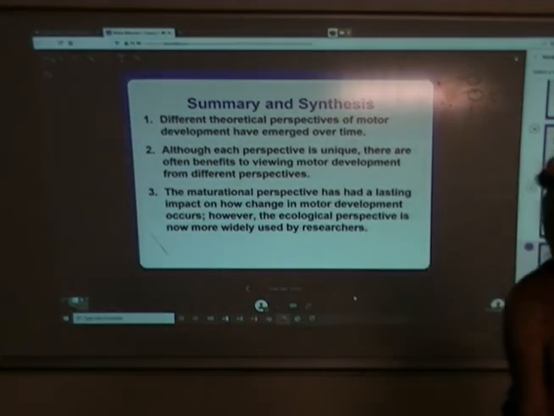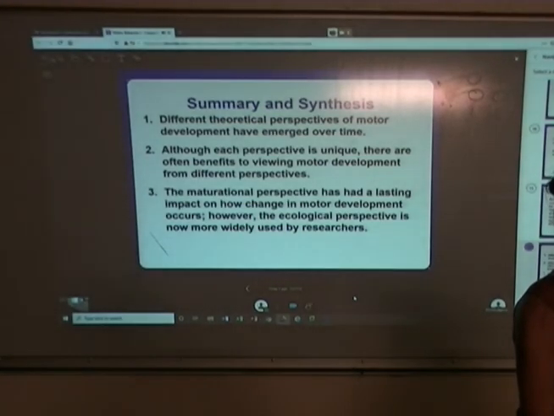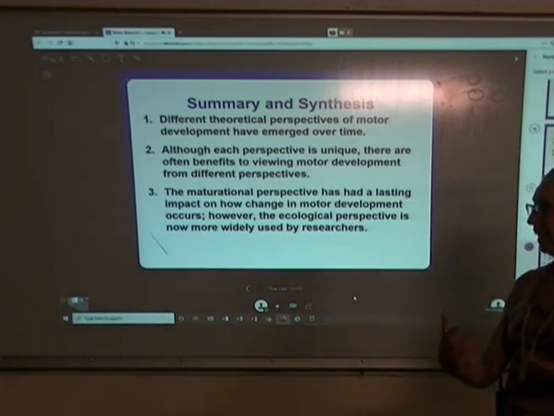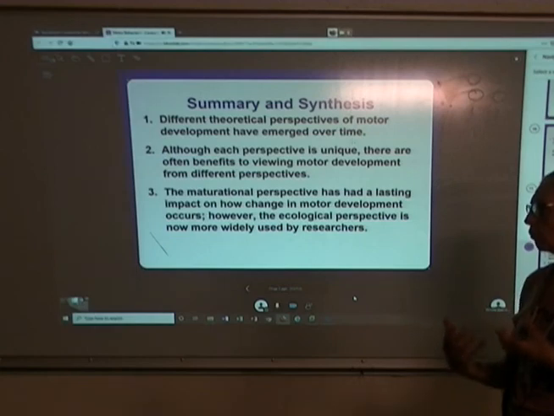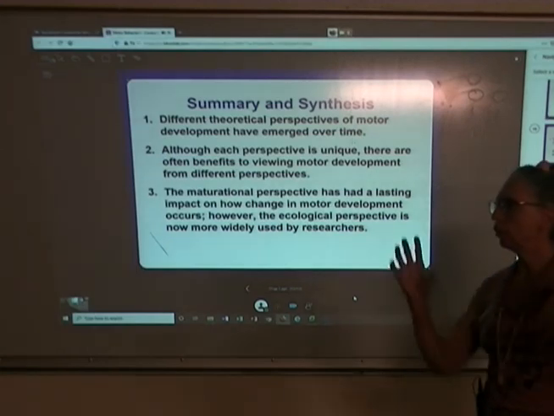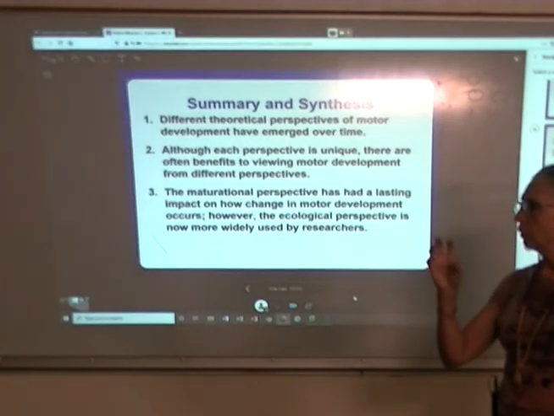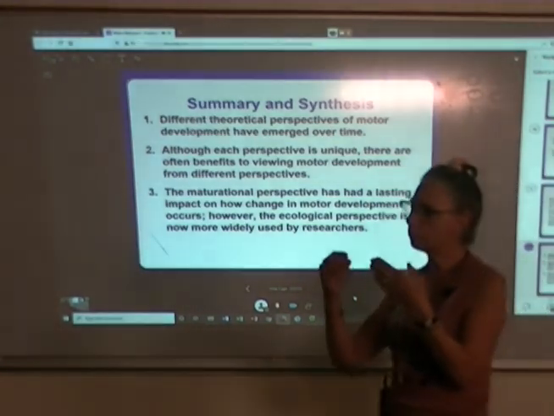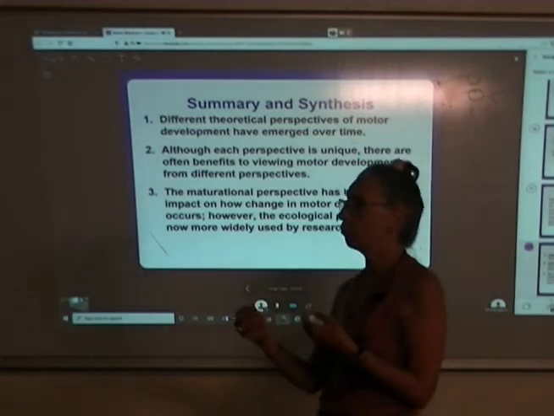All right? There are some learning exercises at the back of the chapter to help you understand. They're all good study tools. All right? They're not assignments, but the more you use those kinds of activities, the deeper your understanding of the information will be.